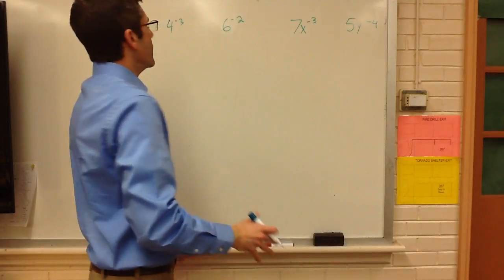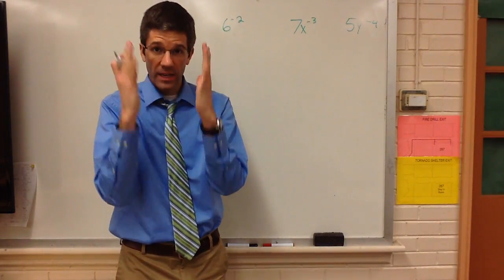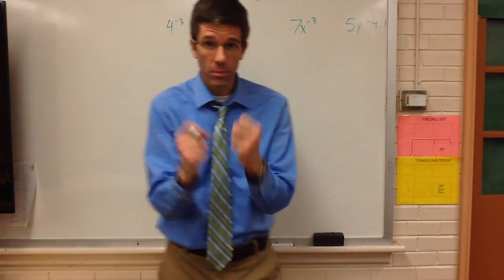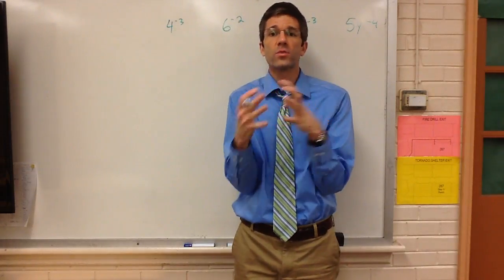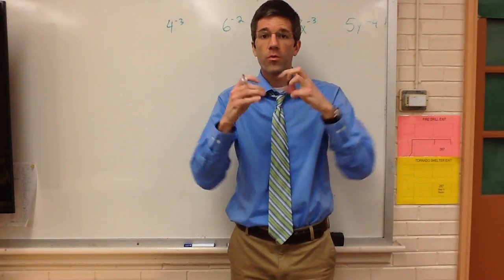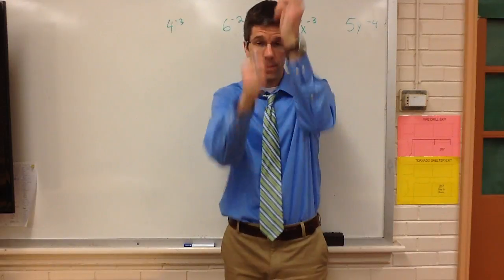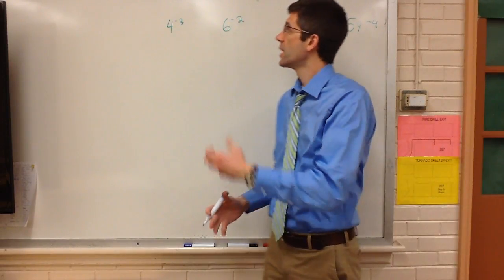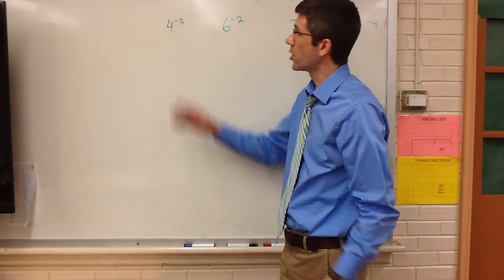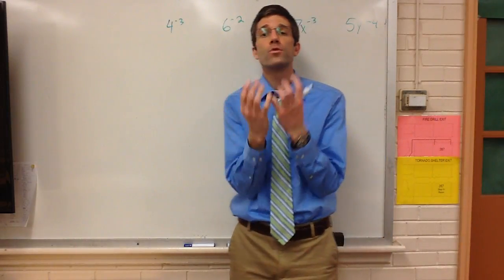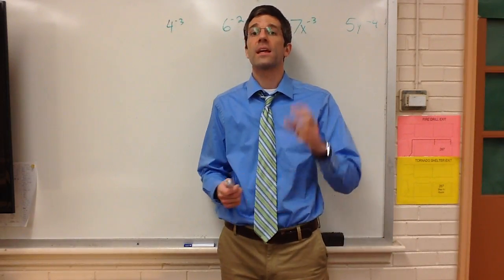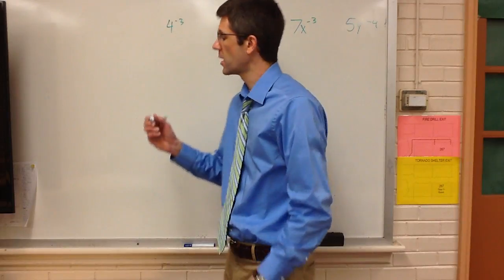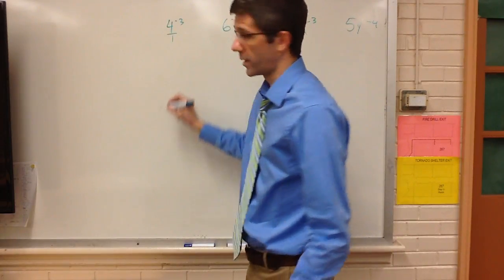Okay. If I have a negative exponent, it's going to move whatever it's with, number, variable, whatever, from wherever it is, numerator, denominator, to the other place. Looking at that right now, I don't even see a fraction. If you don't see a fraction, then it is a fraction, but technically it's over 1.